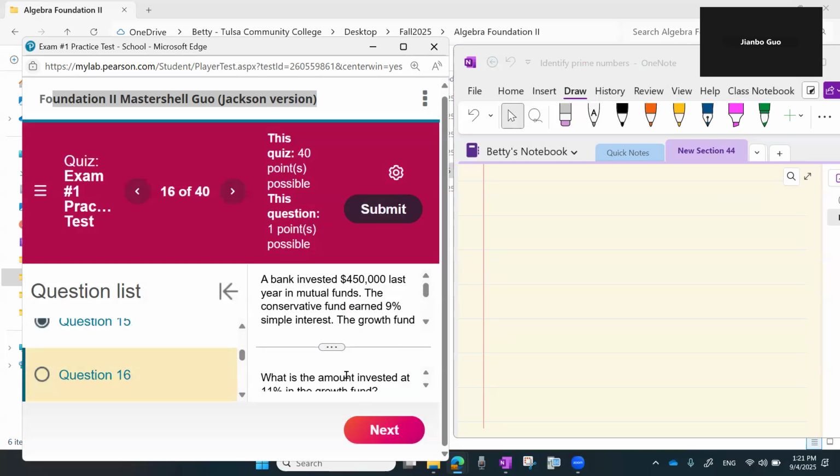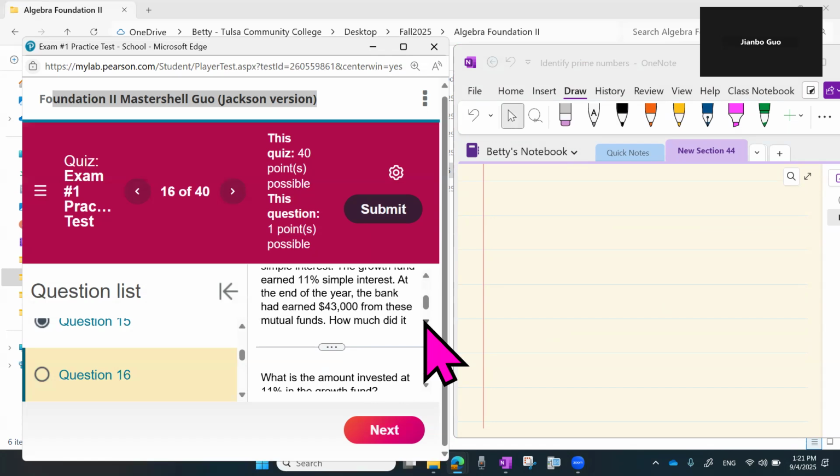Question number 16. A bank invested $450,000 last year in mutual funds. The conservative fund earned 9% simple interest. The growth fund, so we have 2 funds involved, earned 11% simple interest.